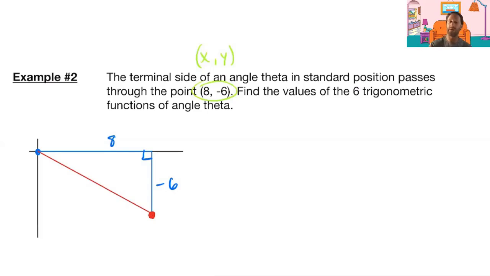Now don't forget, it would have to be bigger than 8 because it is our hypotenuse, and that has to be the longest side, because remember we said that the angle sum of a triangle is 180, and since this is 90, these two other angles have to add up to be 90, which we also call complementary.